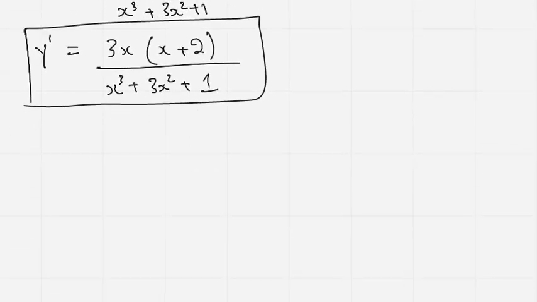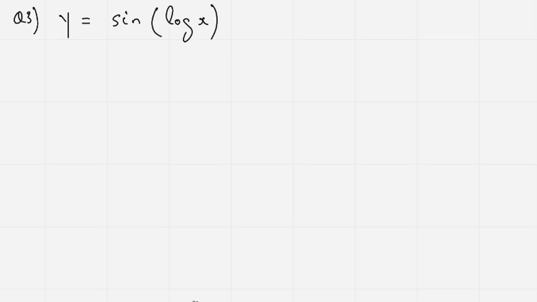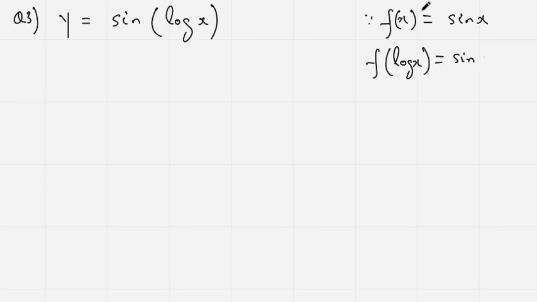Now let's see one more example. Here you go. So you see now my f of x by default is actually sine x. Now in place of my x, if I just replace it with log of x, so now it's going to be sine of log of x.